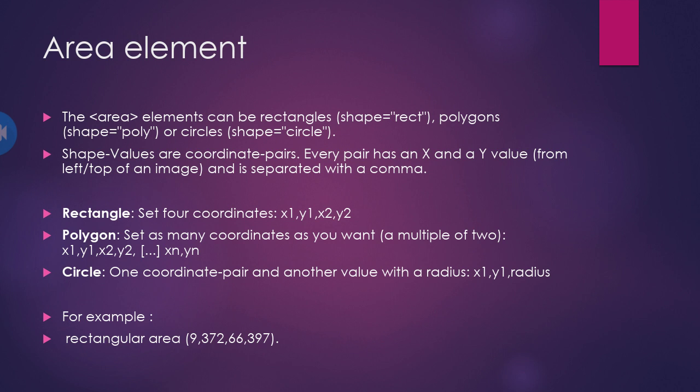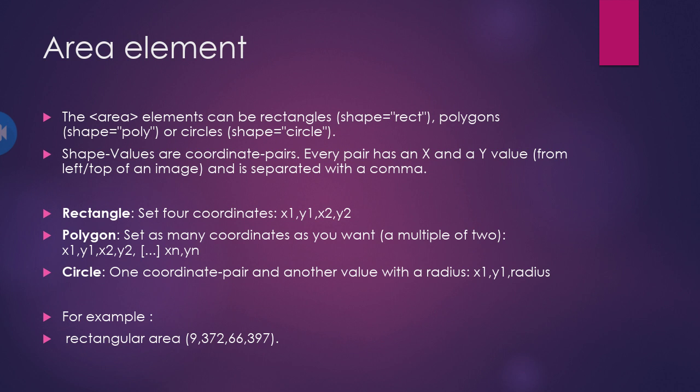In the area element, if you have to select the shape as rectangle, you have to write shape equals, in double quotes, rect, R-E-C-T. For the rectangle shape, you write shape equals rect.